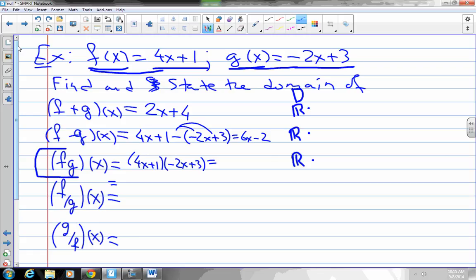But anyway, whatever you just said, negative 8x squared plus 12x minus 2x plus 3, right? Combine like terms. So negative 8x squared plus 10x plus 3. But the domain is still all real numbers, regardless of what that function looks like. Yeah, it's plus 10x plus 3.